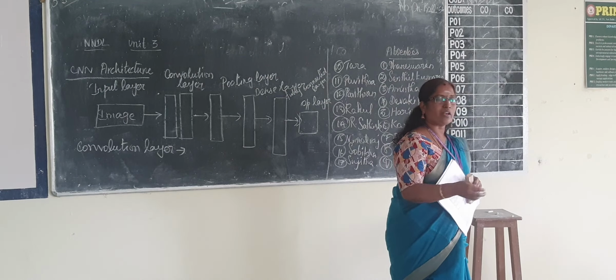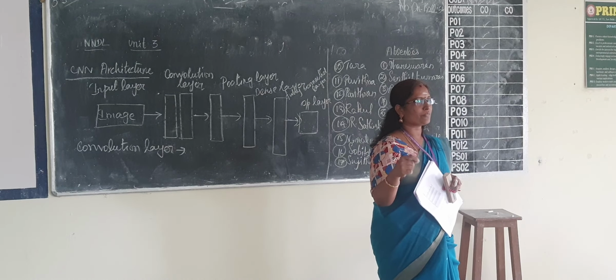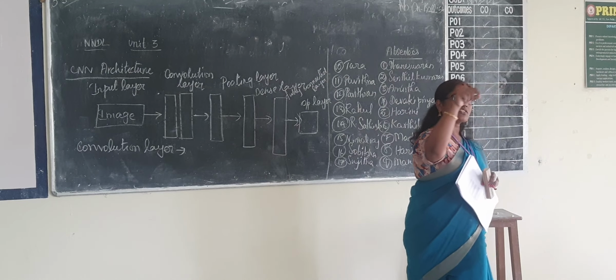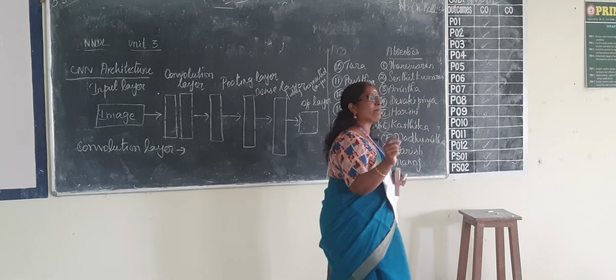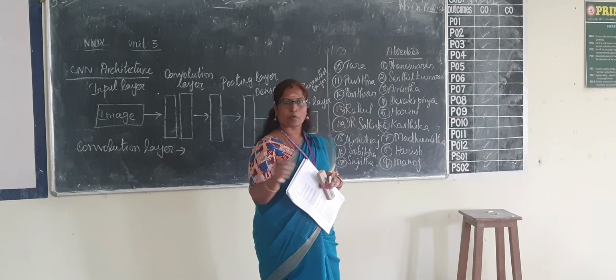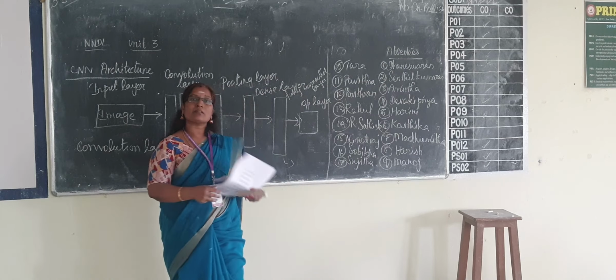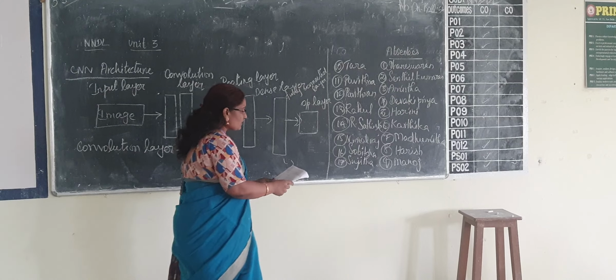Based on that, the next step will be performed. Every time it checks the result of the previous step, and based on that, the next iteration is performed. That we call backpropagation. So this fully connected layer functions using backpropagation logic.